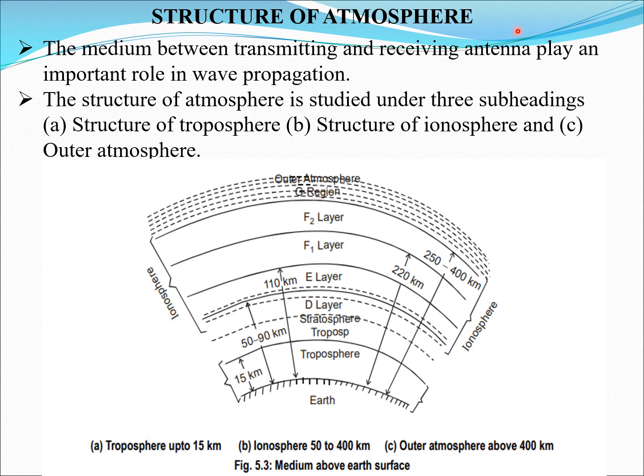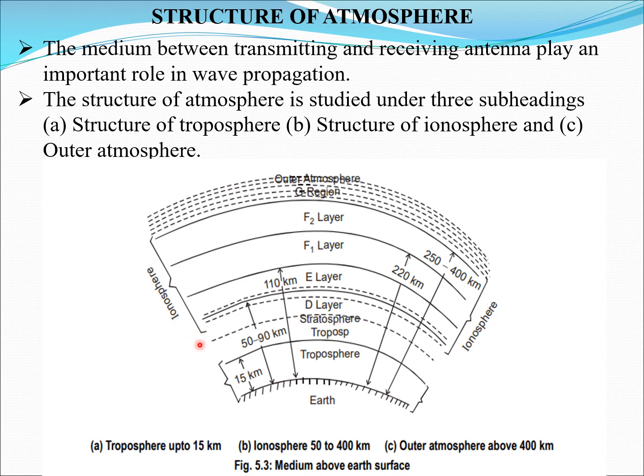In this video, we are going to study structure of atmosphere, which comes under Unit 5. Now, when you look at the diagram, immediately following the Earth's surface, up to 15 kilometers, you have what is called as troposphere. Then immediately following the troposphere, you have tropopause and stratosphere.